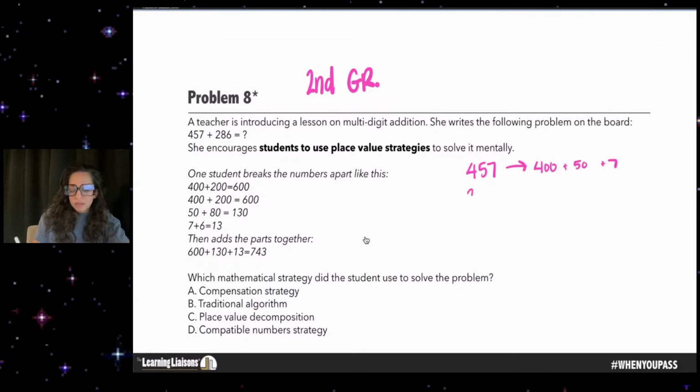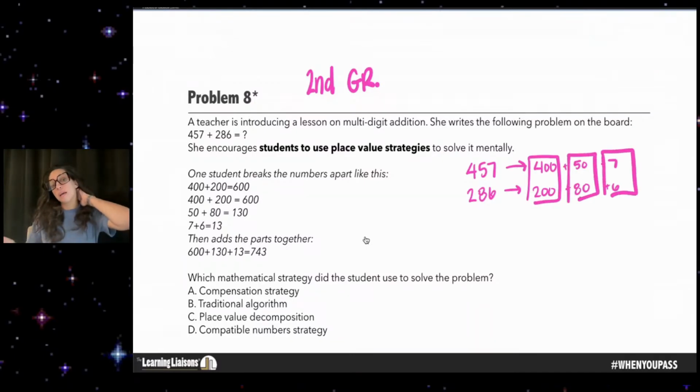And if we do the same thing with 286, we have 200 plus 80 plus 6. And so the student just added the place values together and then added those numbers together to solve the problem.